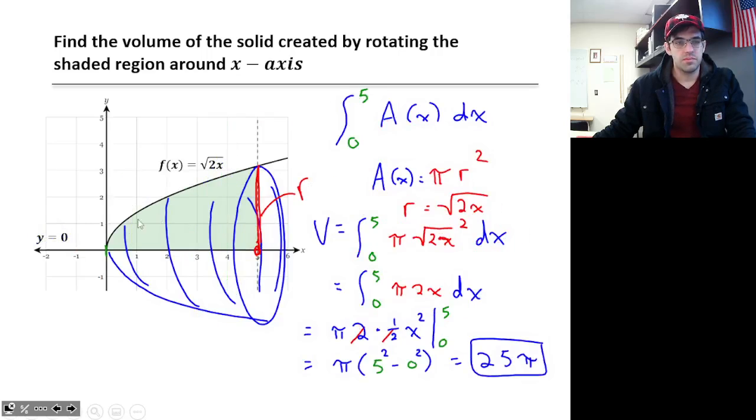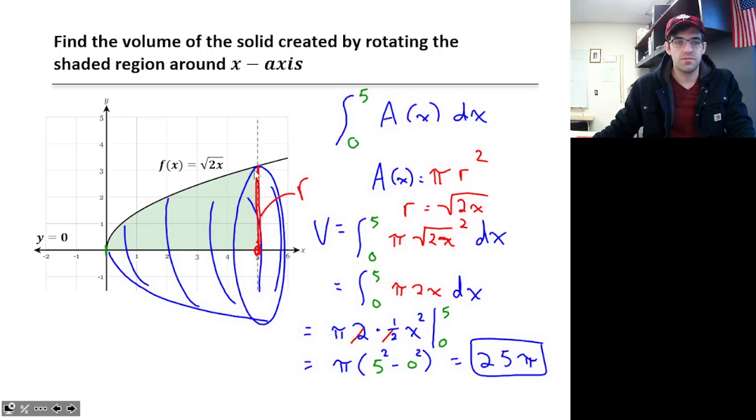Here's another example. If I take this f of x function, which is equal to the square root of 2x, and I rotate that around just the x-axis this time, we're going to get this kind of acorn-looking shape. The radius of this shape is f of x minus g of x. Since g of x is just the x-axis, we're taking f of x minus 0. So in this case, we can just use f of x, which makes it a lot easier.